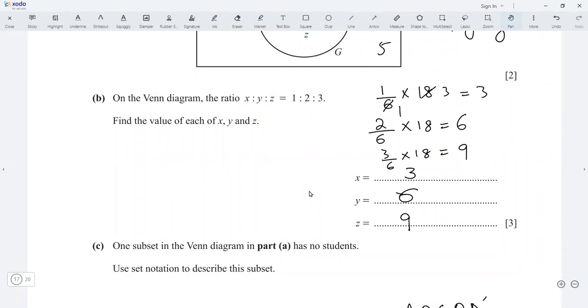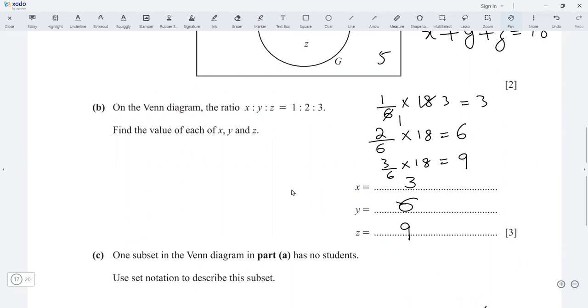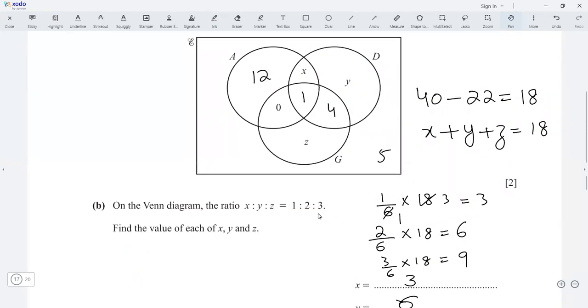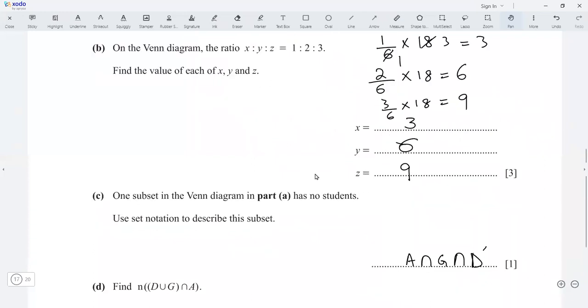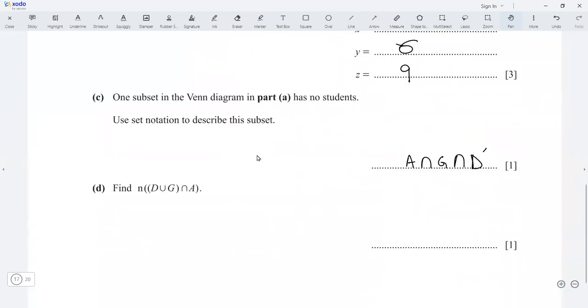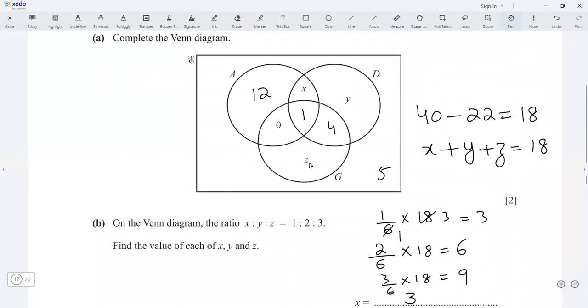So what will be the answer? It's D union G intersected with A. What will be the region? Intersection with A must be the region.